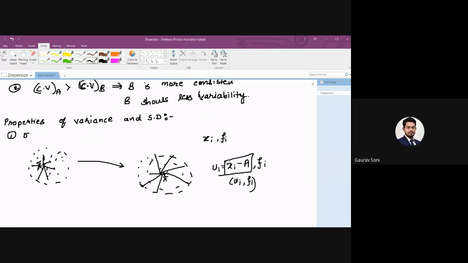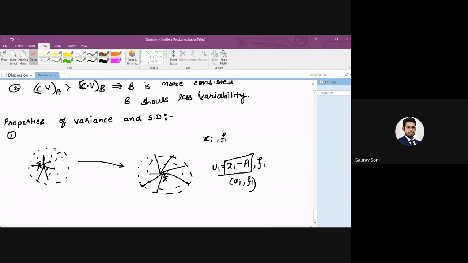For change of origin, it won't be affected, but change of scale, of course, it will be affected. As you can see, if this data gets shrunk down by a little amount, or if it is expanded, then these distances are going to change, right? That's why the change of scale will affect, but the change of origin won't.